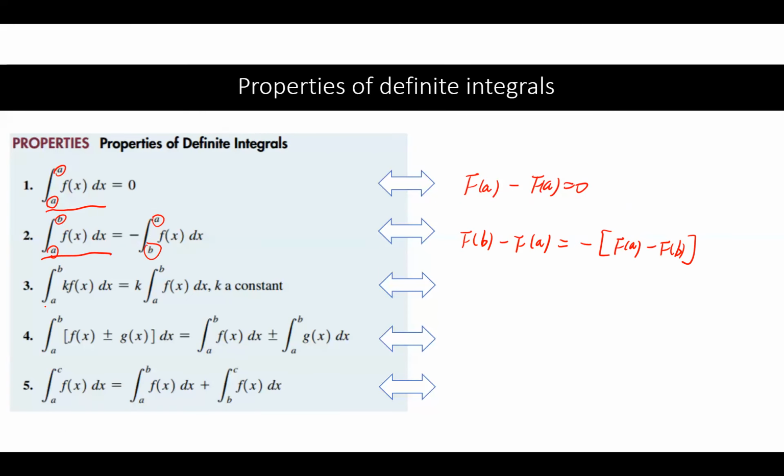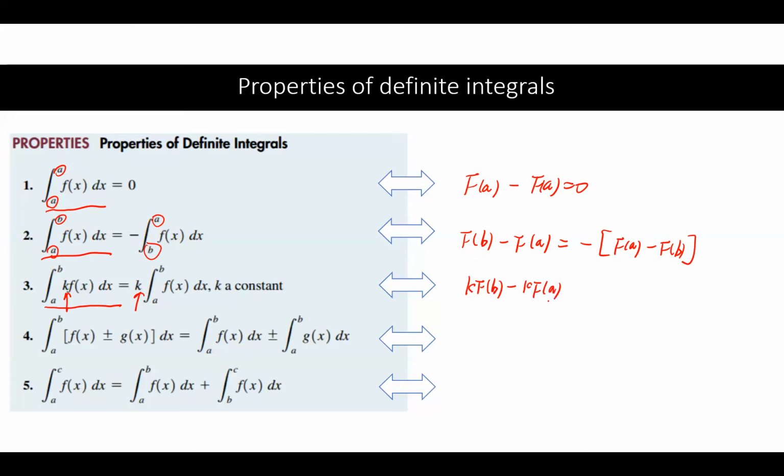Third, if we have a constant multiplier, we can just move this multiplier outside. To see this, for example, you have kF(b) minus kF(a).